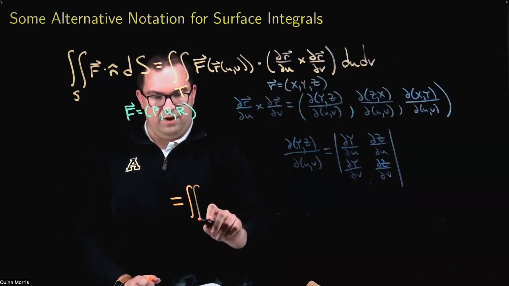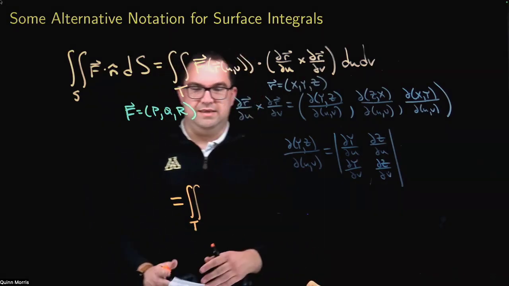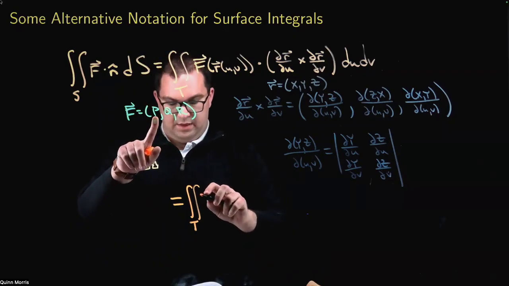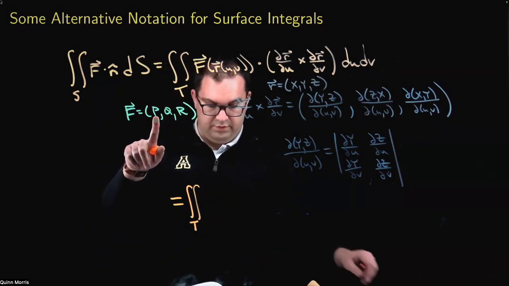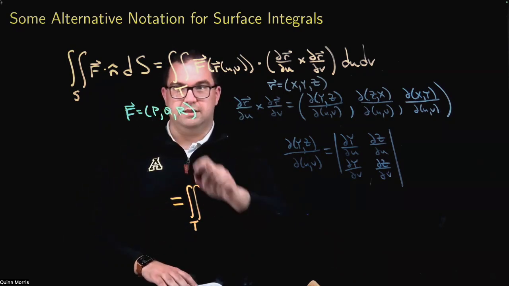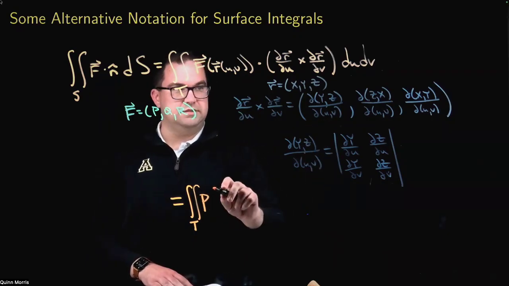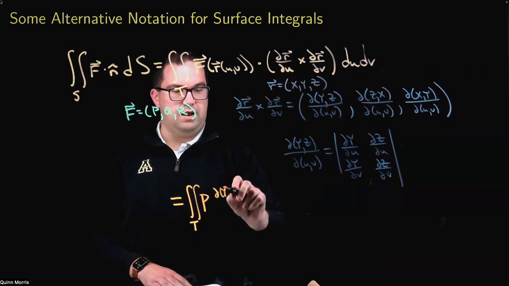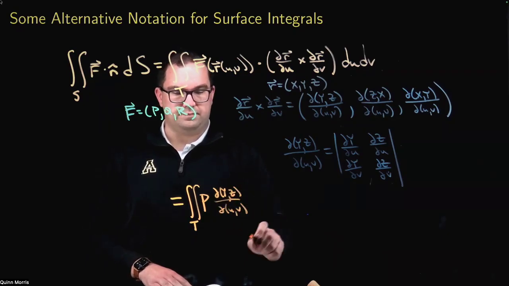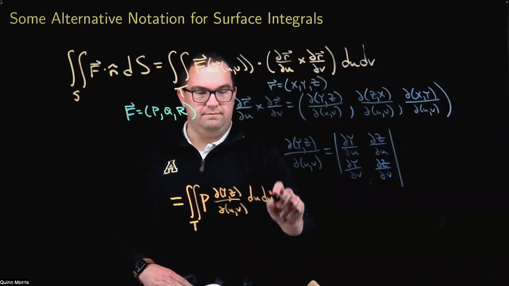I can break it up and write this as a double integral over T of, let's do x components first, so it would be P times this dyz over duv, and then that would be du dv.